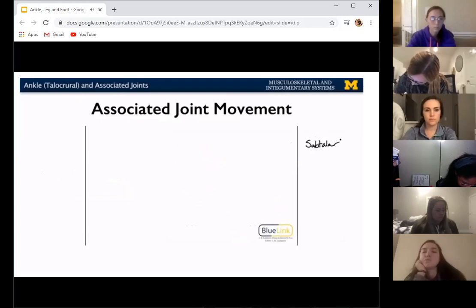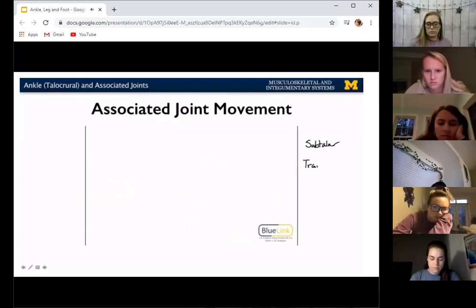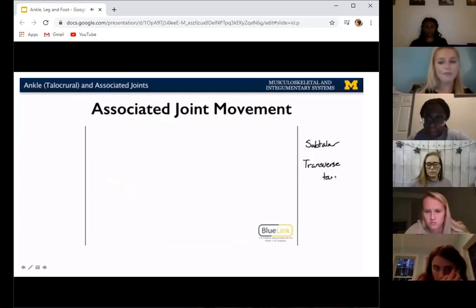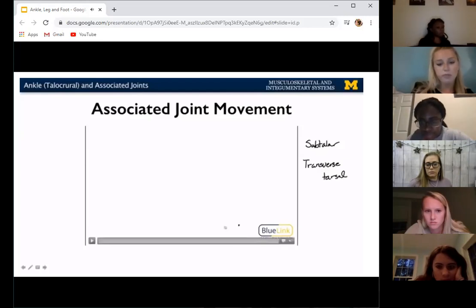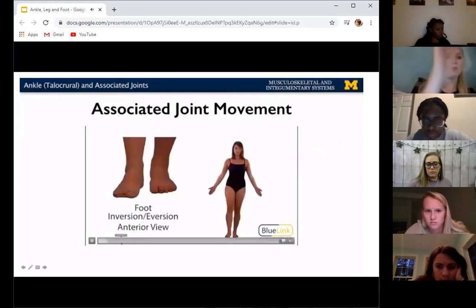And then the other one I want you to be aware of is the transverse tarsal joint, and this is going to be between the calcaneus and the talus together and the rest of your tarsal bones. All right, so these two joints are going to allow for this other suite of movements I want you to understand, which are going to be inversion and eversion.